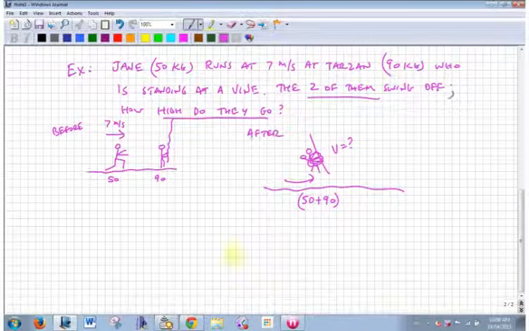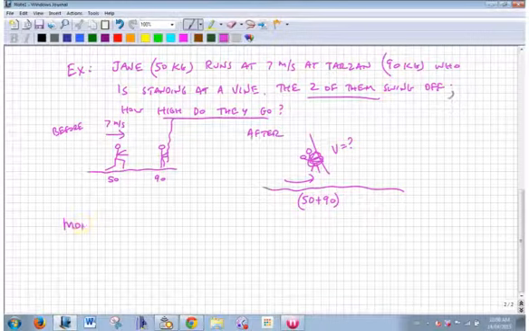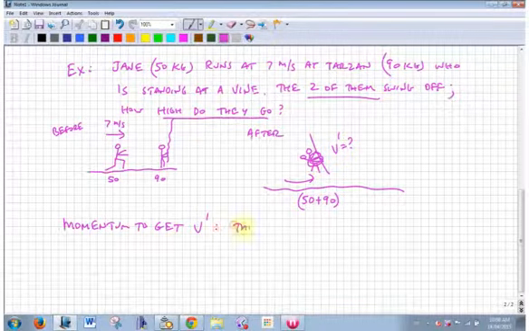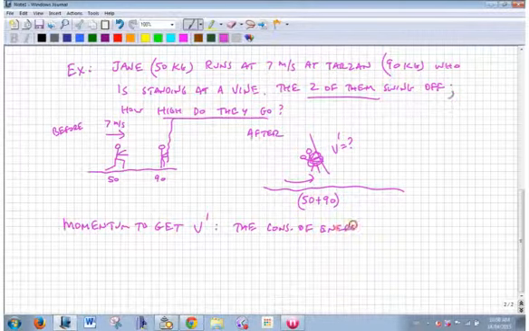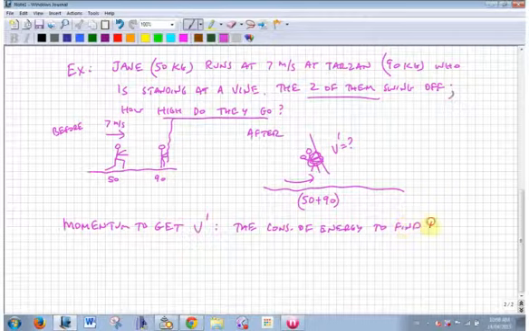What could be better? So before, let's write that. Momentum to get V, let's call it V after, V prime. Then conservation of energy to find the height.